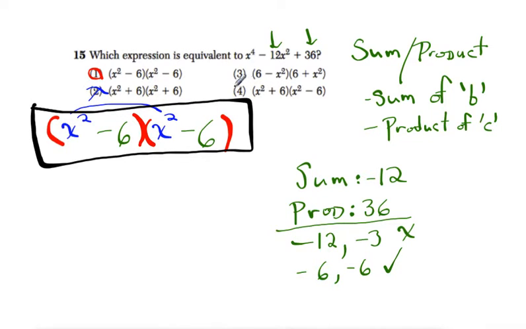Positive 6 and negative 6 would give you negative 36. Over here, we would have negative x squared times positive x squared, which is going to be negative x to the fourth. Just by doing one part of the FOIL concept, you can eliminate the choices down. And that would be useful if you weren't sure how to factor this or how to go about doing this. Okay, thank you for watching, and hopefully this helped.